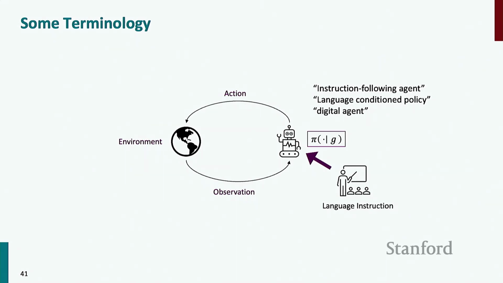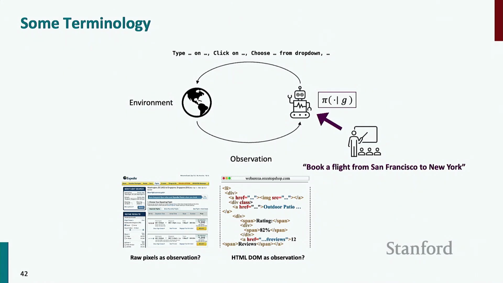Some examples of environments: maybe it's a web browser in a browsing environment where the objective is to book a flight from San Francisco to New York. And the observation could either be raw pixels that the model sees, or it could be the HTML DOM representation.